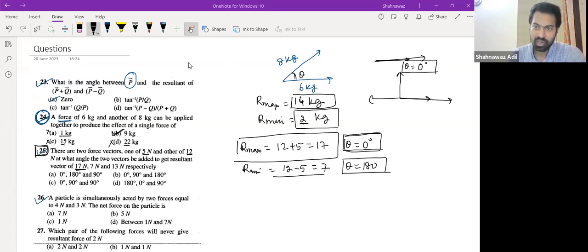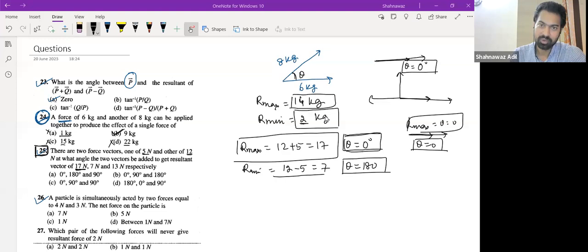So, Akib, do you remember now that for the maximum case this is the angle? For R max, theta equals 0. And for R minimum, okay.